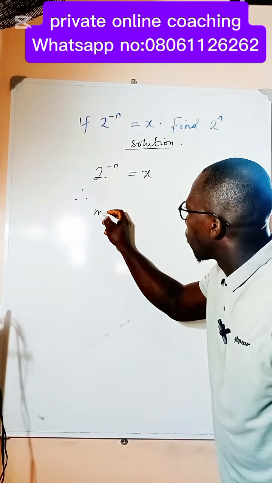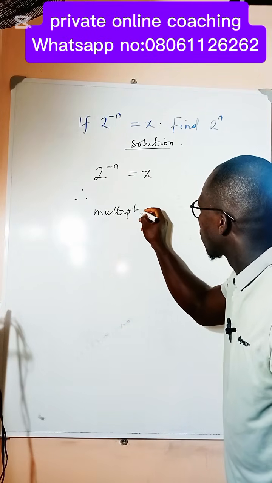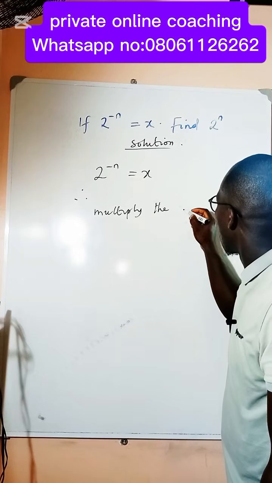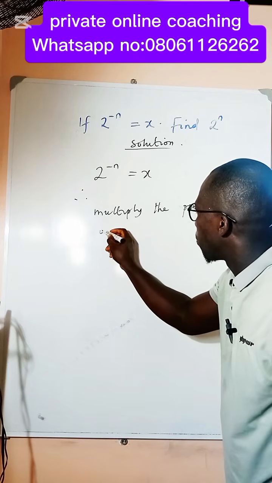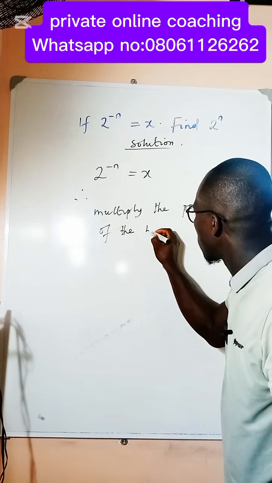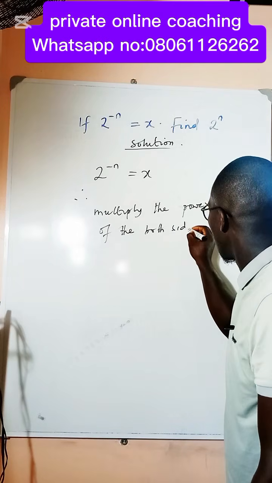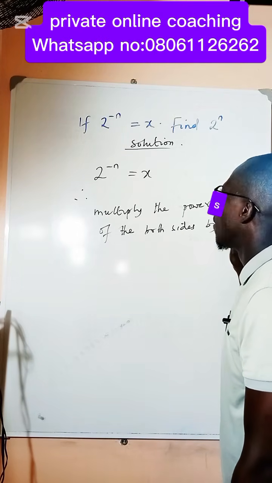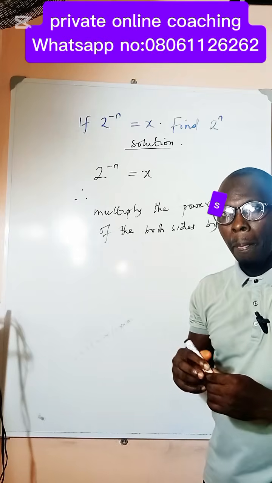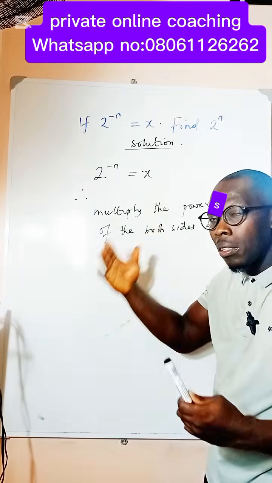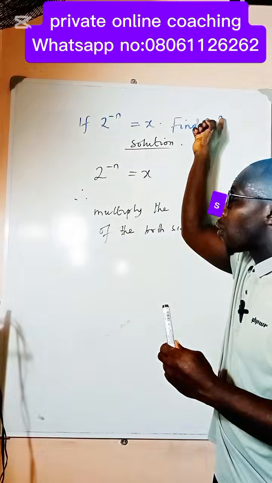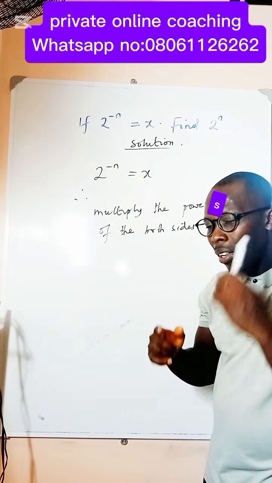So multiply the power of both sides by negative 1. If you multiply them by negative 1, you will still have 2 to the power of n.